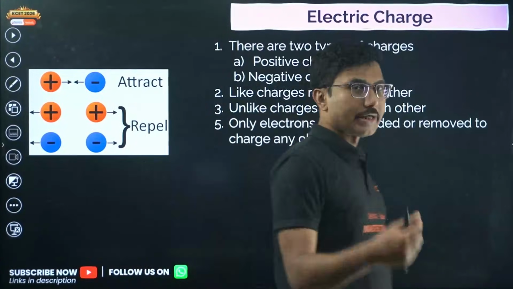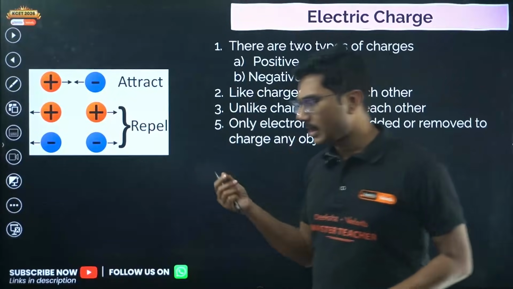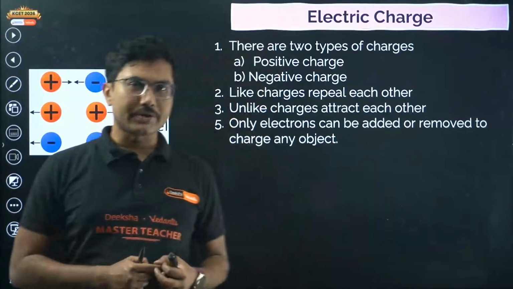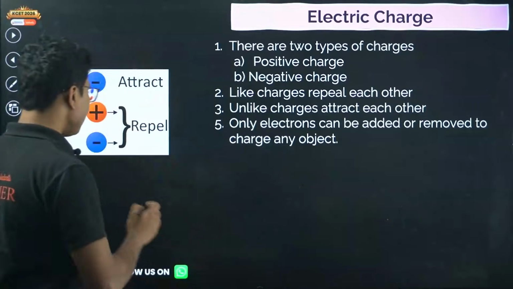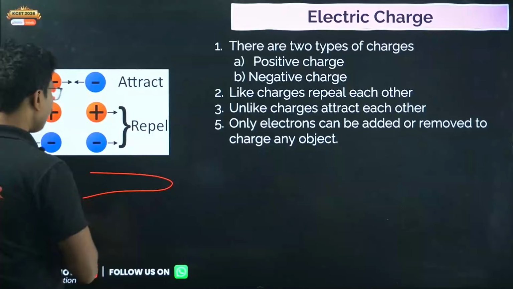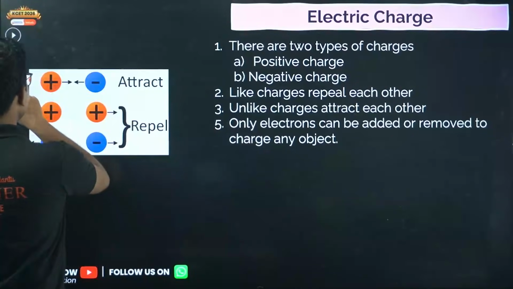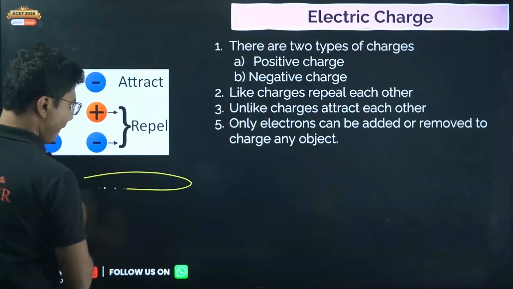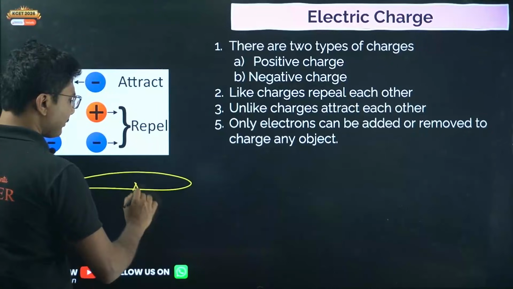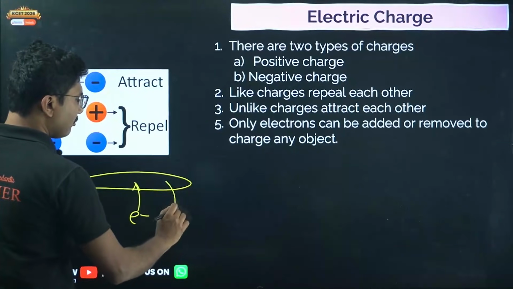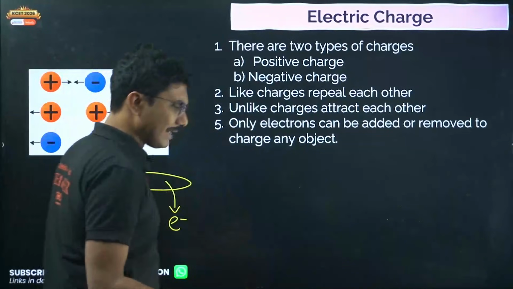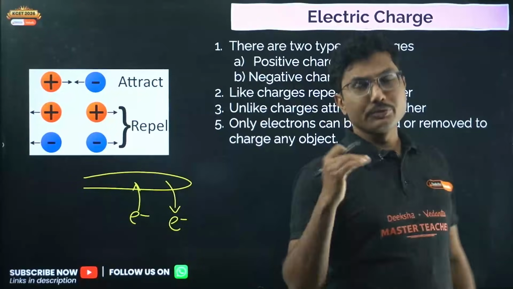So if you want to charge an object, suppose we have a glass rod and we want to charge it, we can either add some electrons or we can remove some electrons. So only electrons can be added or removed to charge an object.